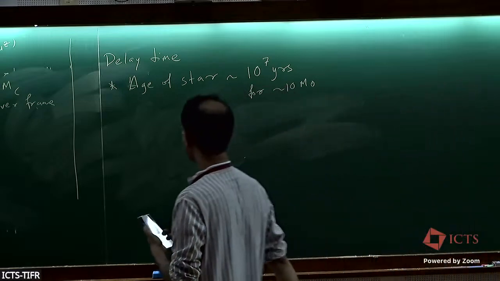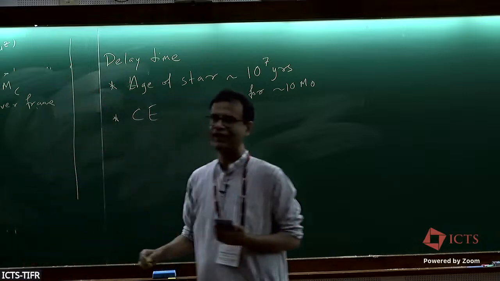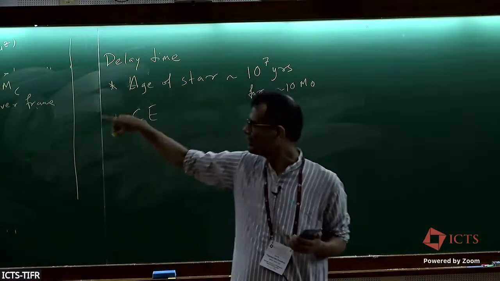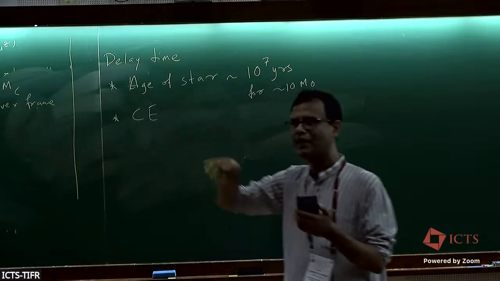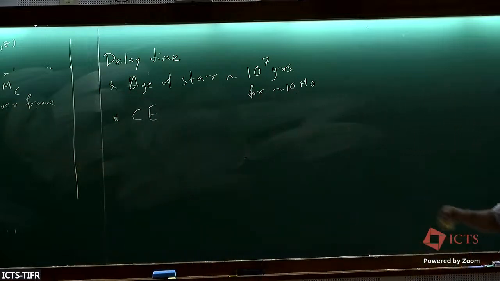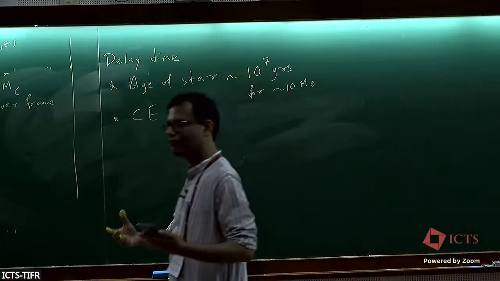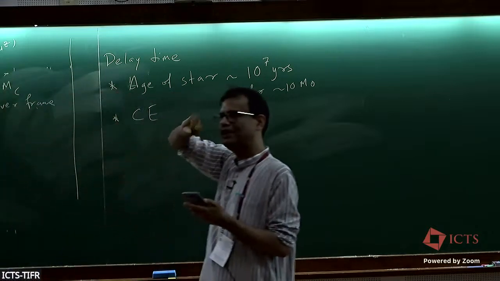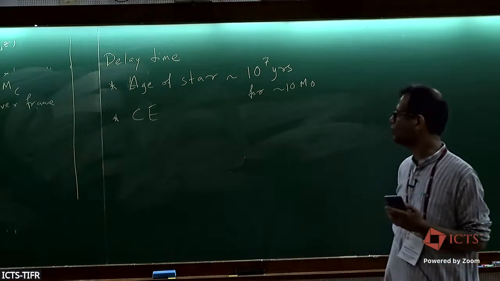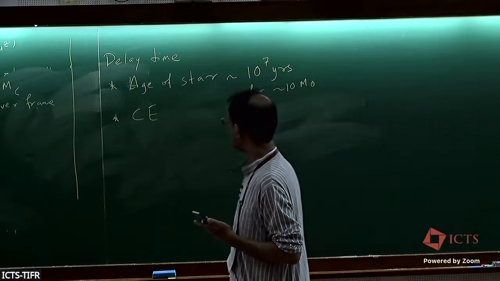There is another phase, which I am not going into too much detail, the so-called common envelope phase. This star dies, and as I said, only some fraction of them will end up in a binary. If there is a binary companion, one of the stars may expand and engulf it, and within that common envelope, these stars may rotate around each other and lose energy.